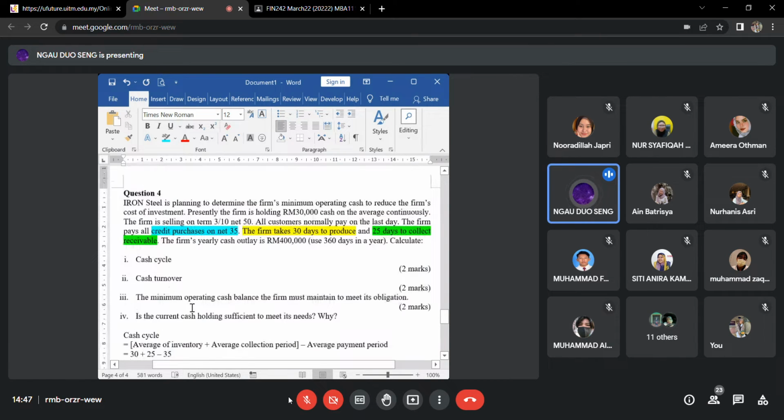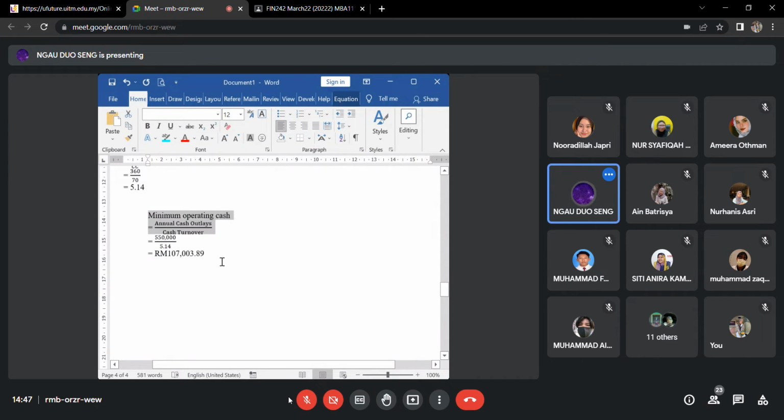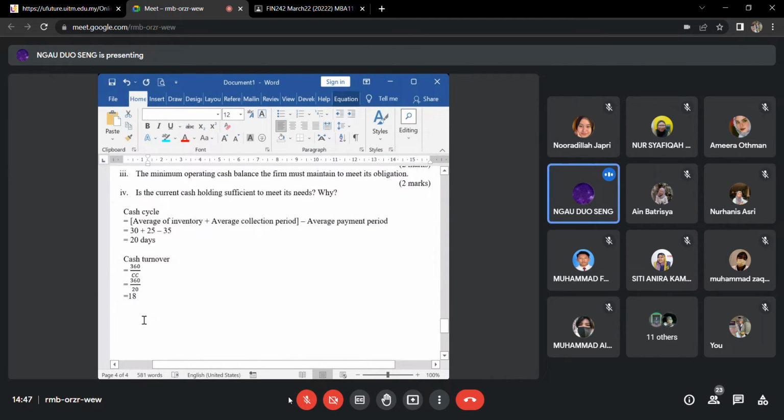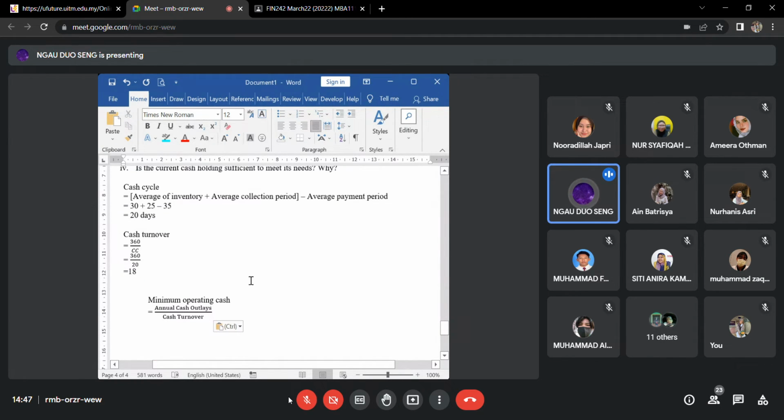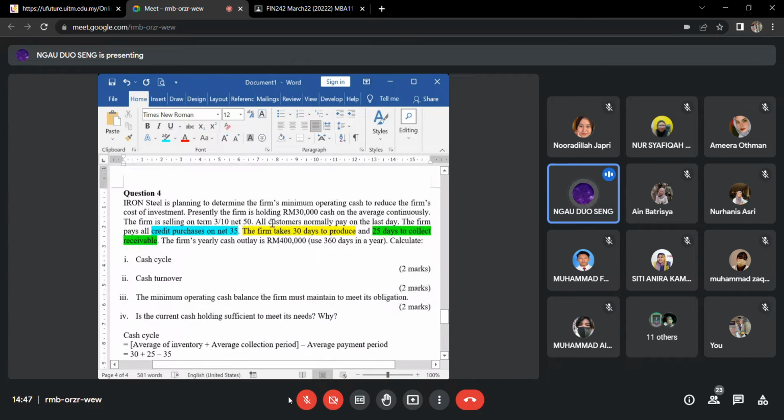Next, we calculate the minimum operating cash, right? So here, minimum operating cash. Formula dia adalah annual cash outlay. So sama, we check the question, the outlay. So we have checked presently the firm is holding 30,000 cash on average continually.